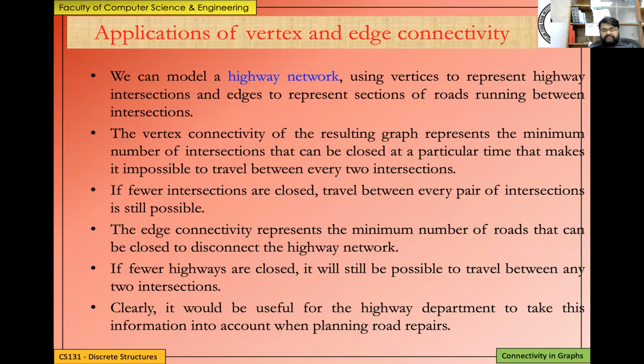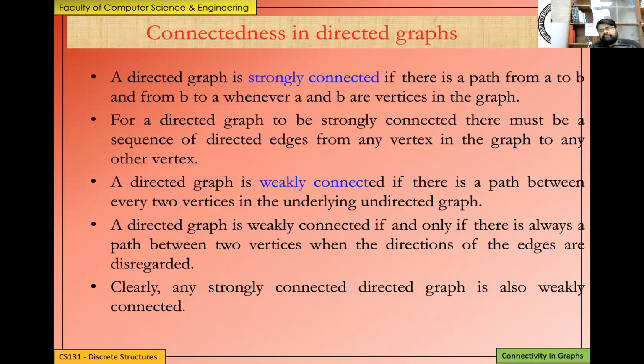For example, in a hospital, if there are multiple people working on a particular thing, then they must know which people can be granted leave, so that there is no effect on the actual work that is being carried out. However, if that number increases to a certain point, then it may cause rush and problems for the incoming people. So of course, it has its applications in a lot of different fields.